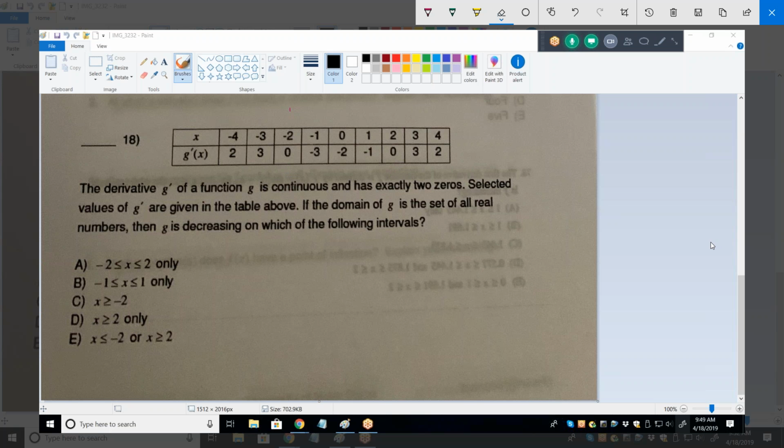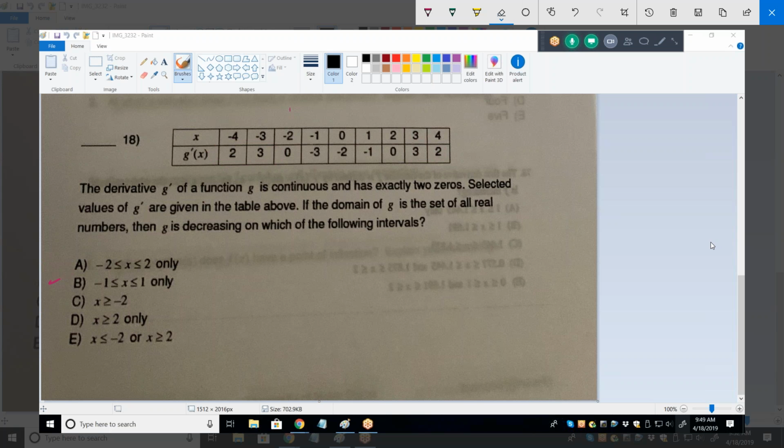And I would say that is correct, and it's the only one. In other words, certainly greater than -2. No, there's positive numbers over there. Greater than 2, there's positive numbers over there. Less than 2, there's positive numbers there. Those are all intervals that it's increasing.